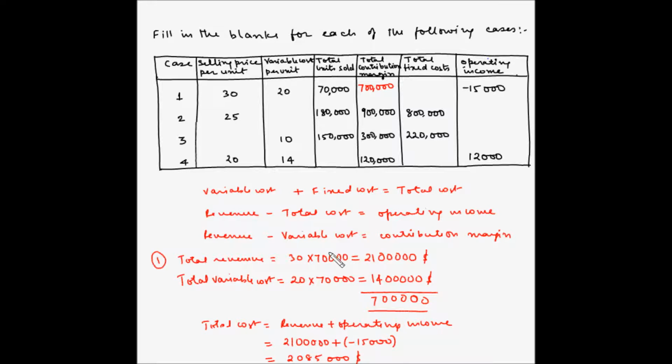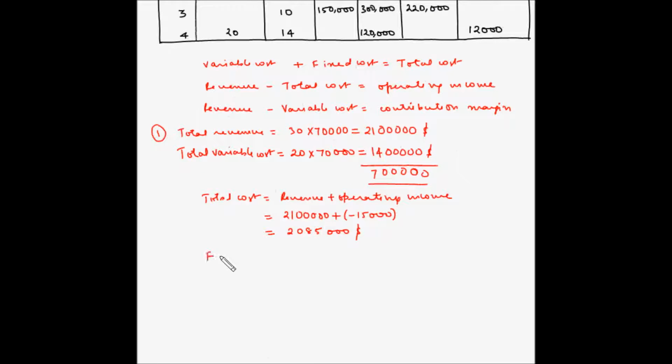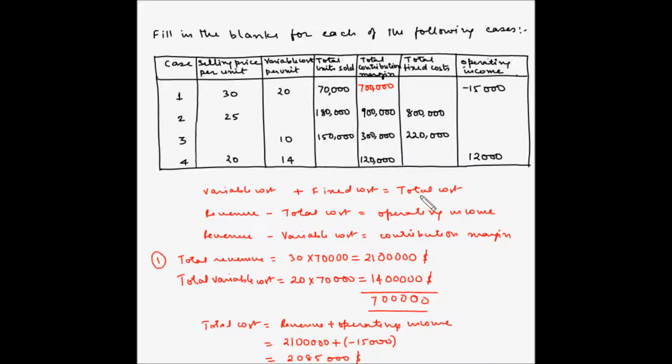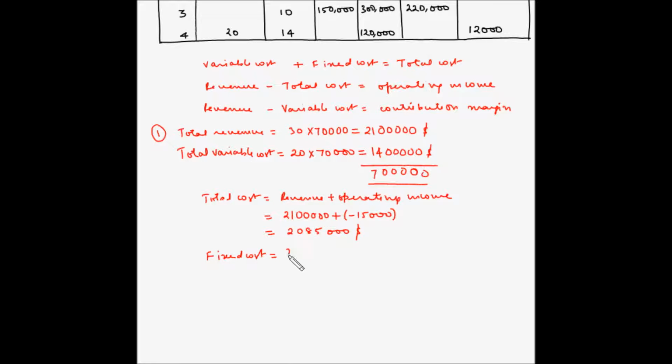So we have to find out the fixed cost. So fixed cost will be equal to, so we'll bring variable cost on the other side. So total cost 2,085,000 minus the total variable cost, which is this 1,400,000.